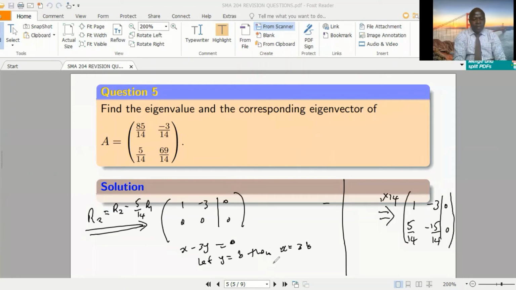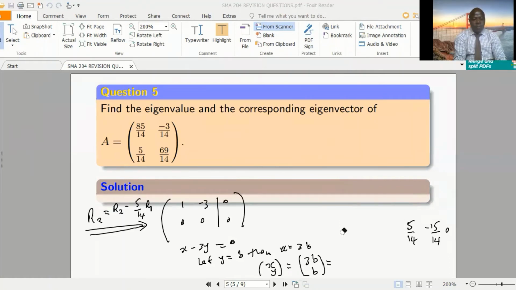So what about the eigenvector? The eigenvector was x, y. So this would be 3b, b. Or if you want, you can write this as (3, 1)b.